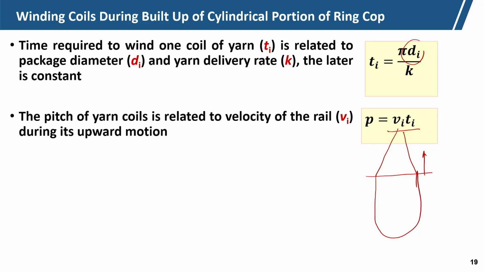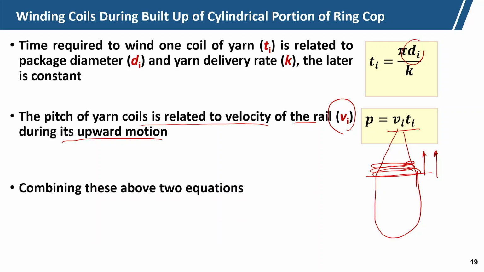The pitch of the yarn coil is related with the velocity of the ring rail. So, what will be the distance between two consecutive coils depends on the velocity of that upward motion. We are only discussing the winding coil.